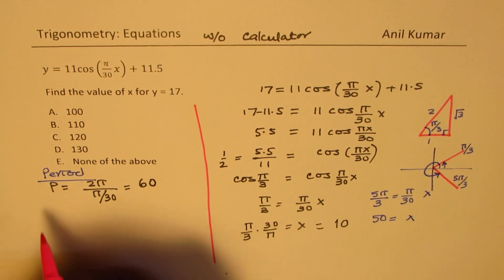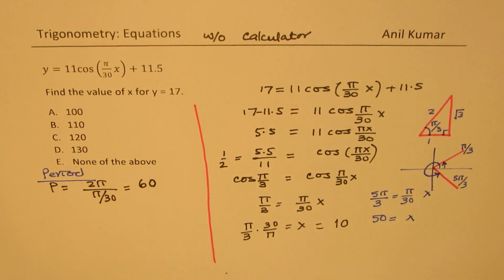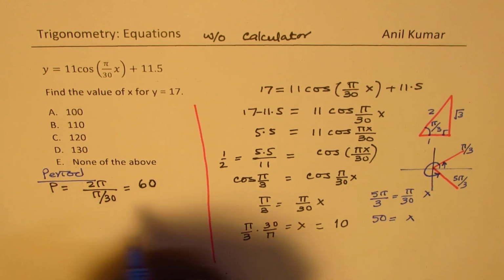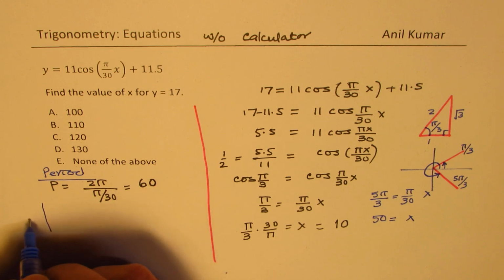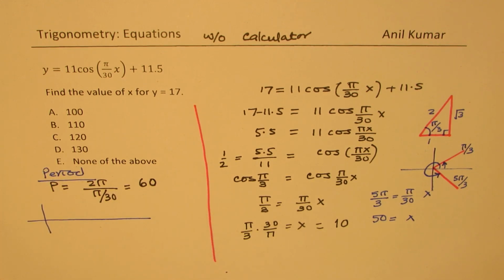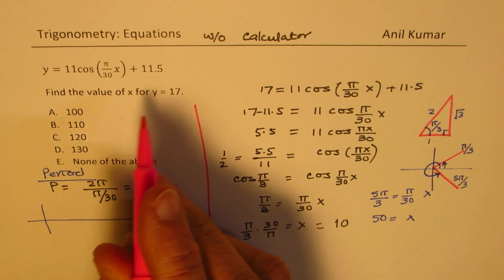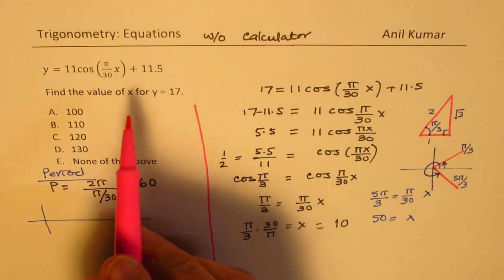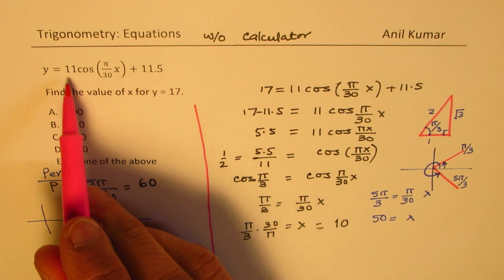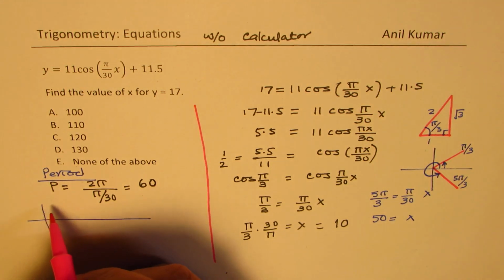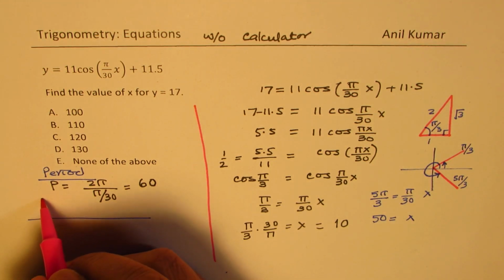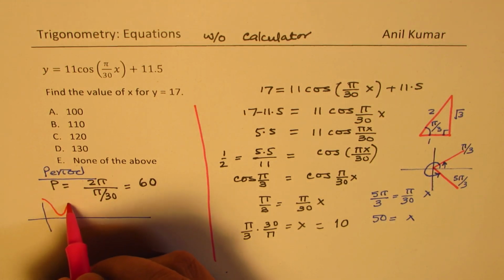So basically, what we have is a cosine function here. There is a phase shift and all. So anyway, it just moves up and starts with the maximum.